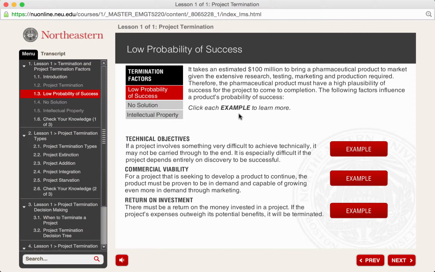There are a number of different factors that go into that, and in this case, we're looking at 3 of them. As you can see, we have the types of factors that impact the failure of a project, and there are three of them. The first one is low probability of success.